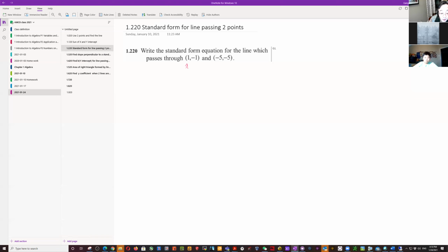This is x1 and y1. This is x2 and y2. So the slope, in algebra, we use m to represent. So slope m is equal to y2 minus y1 over x2 minus x1. y2 is -5.